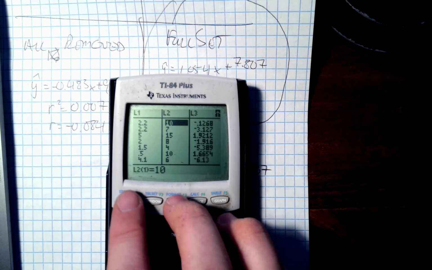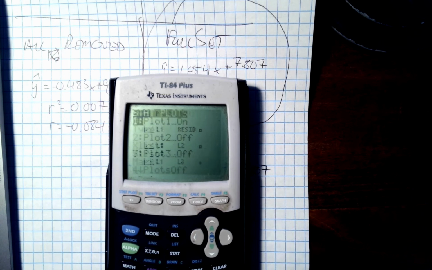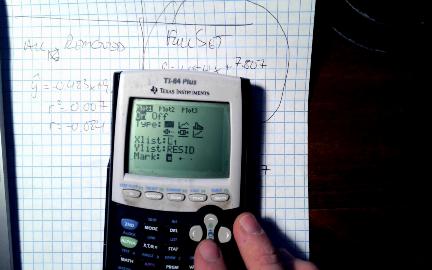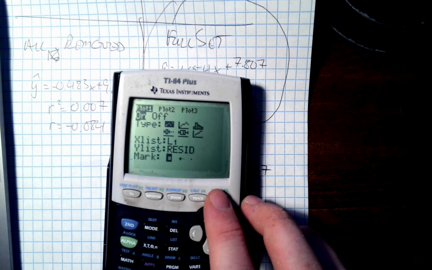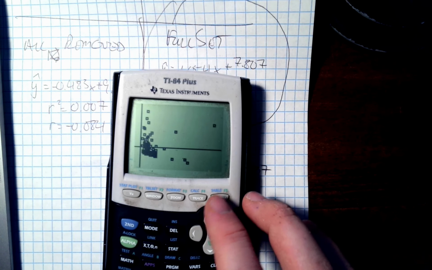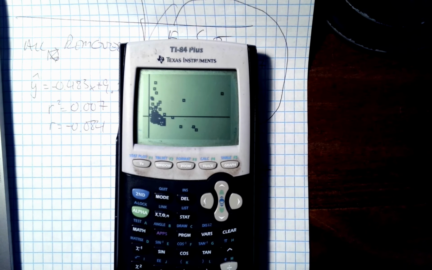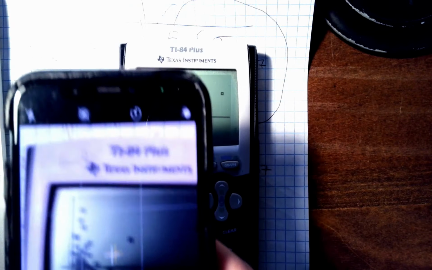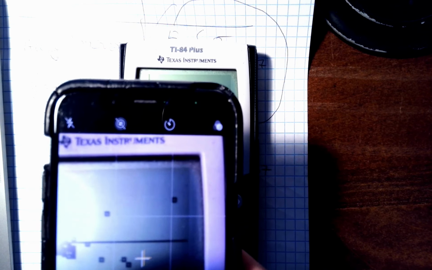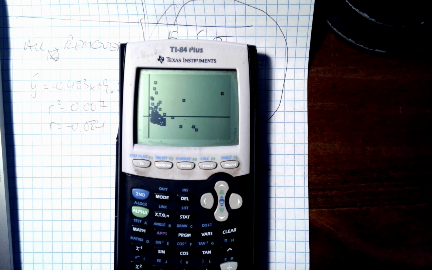Actually, we don't need to do that because we can take plot 1 and just leave it as L1 versus the residual values. Hit graph. Remember to hit zoom 9. And that should be what my graph looks like, my residual plot. And you can always just take a photo and then add that to your document later.